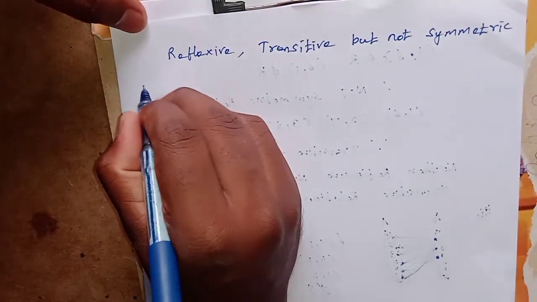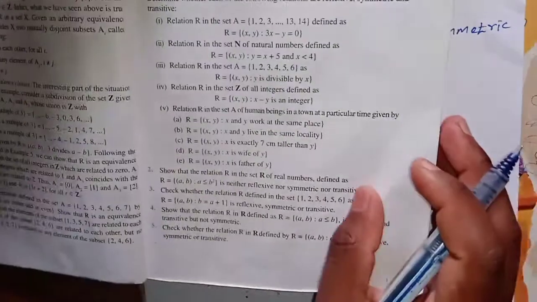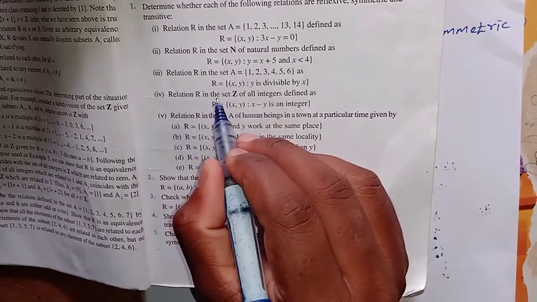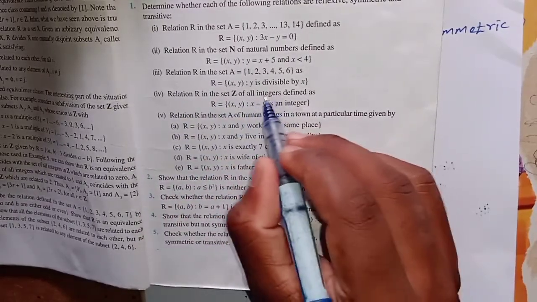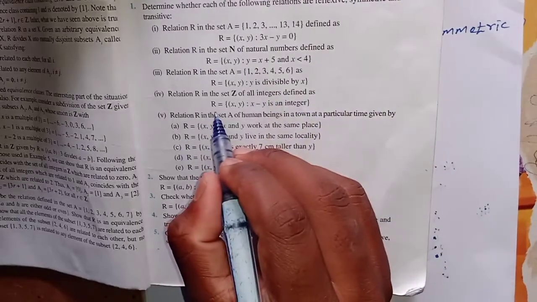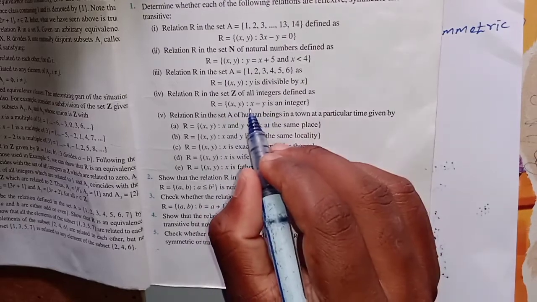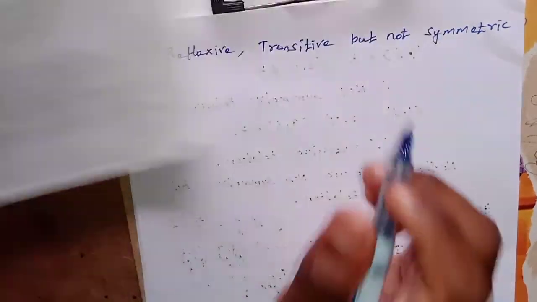Okay. Subdivision 4. See here, the relation is on the set Z, meaning integers. Condition given: R equal to the set of x comma y such that x minus y is an integer.